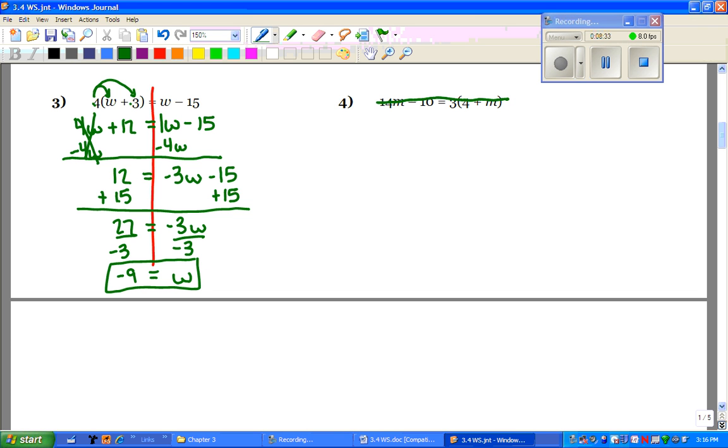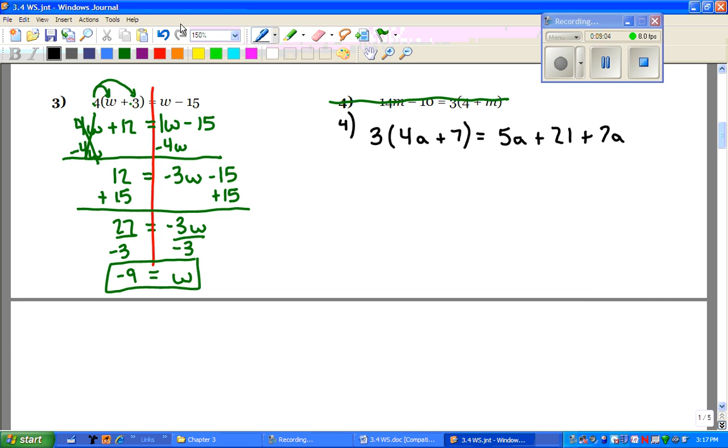Skip 4. I'm going to give you an example right now for number 4. Let's do this. 3 times 4a plus 7 is equal to 5a plus 21 plus 7a.